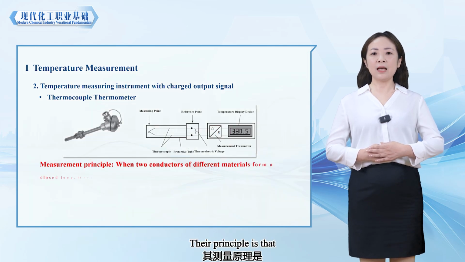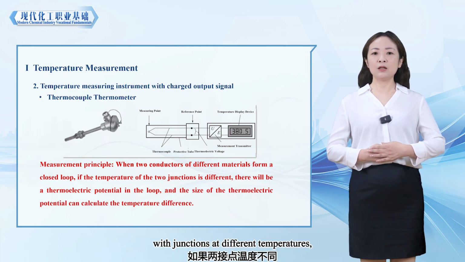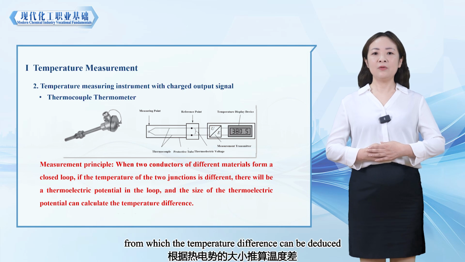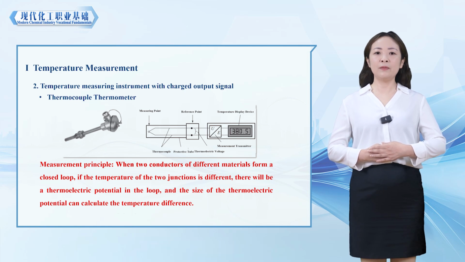Their principle is that when two conductors of different materials form a closed circuit with junctions at different temperatures, a thermoelectric potential is generated in the circuit, from which the temperature difference can be deduced based on the magnitude of the potential.